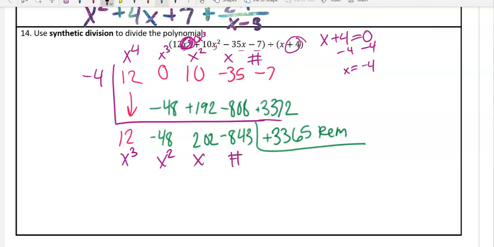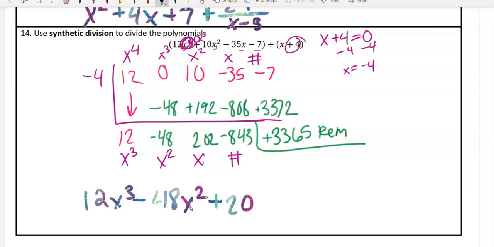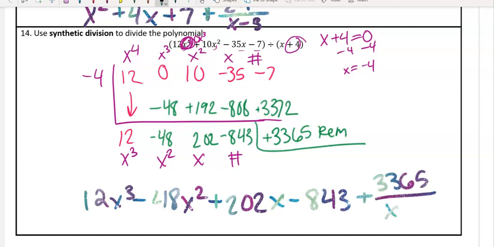So our final answer here is 12x cubed minus 48x squared plus 202x minus 843 plus 65 divided by x plus 4. There we go. I'll give you guys a second to get caught up on that.